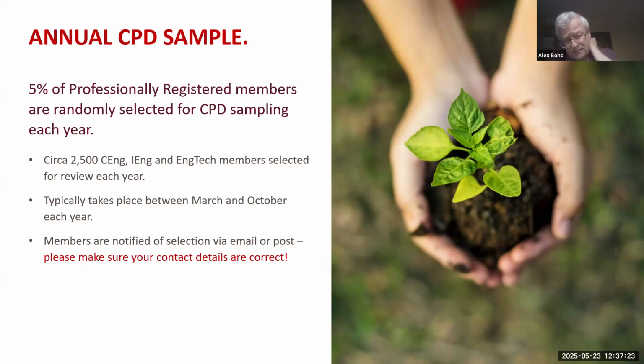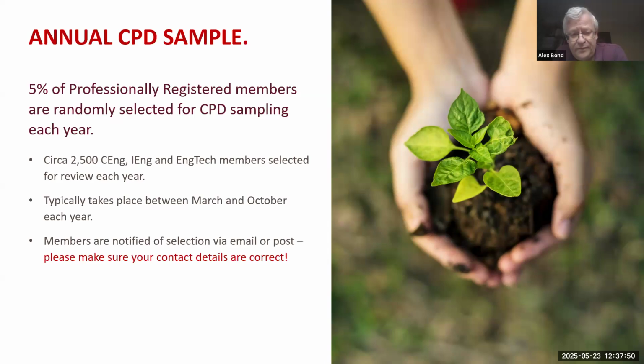As I alluded, we're looking at about 2,500 people each year that we're currently looking at. And as I say, from next year, we're going to have to look at every single one of those. In terms of the timescales, we put out the list of people that we're going to be looking at for the year, any time from January through to March.